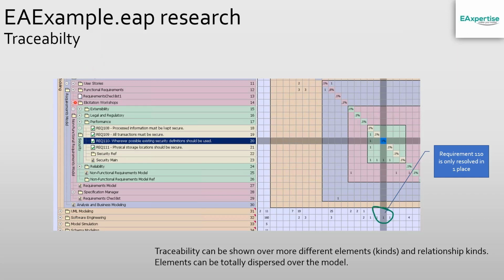So what you see here is that requirement 110 has a relationship with an element in system engineering. So by looking at the requirements, you will find that there is traceability. But you can imagine that if you have traceability to something in software engineering, that might have a connection into another part of the model. So you can go from your requirements down to other elements just by following the numbers in the DSM.